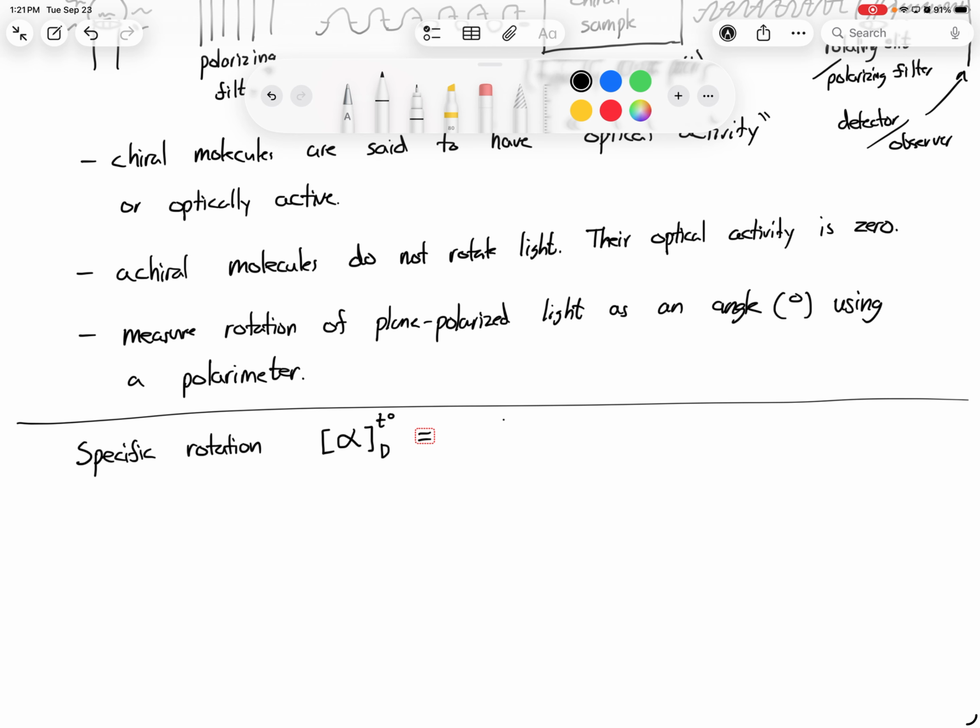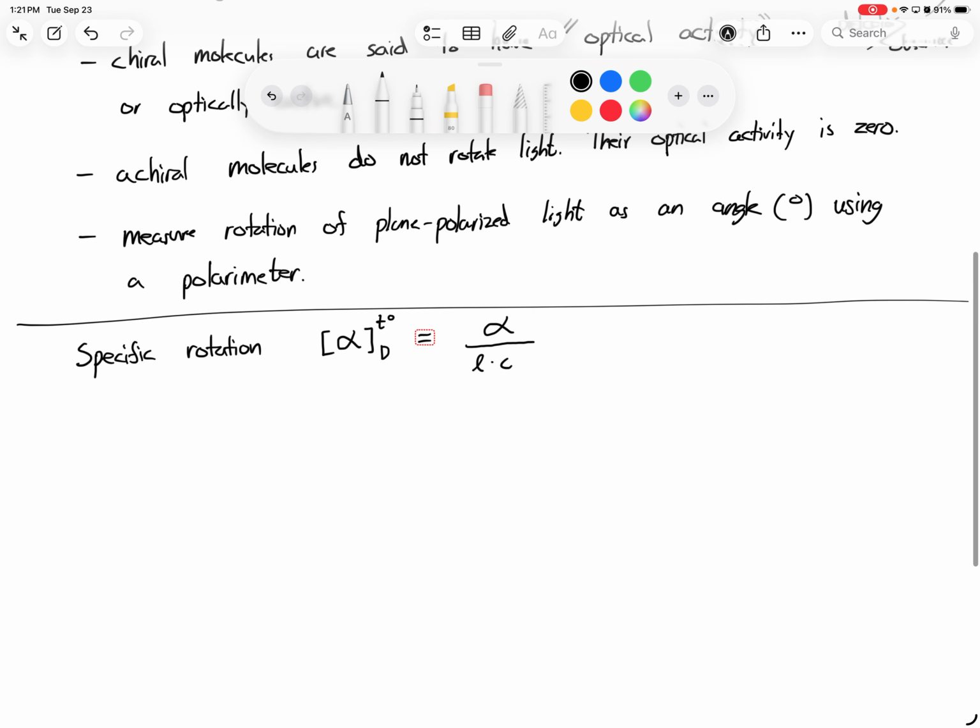So when it's not in brackets, this is a different value of alpha. And on the bottom, L times C, okay? So let's go over each of these terms. The one on the left, we have our alpha in brackets at a certain temperature, and I'll explain what the letter D means, okay?